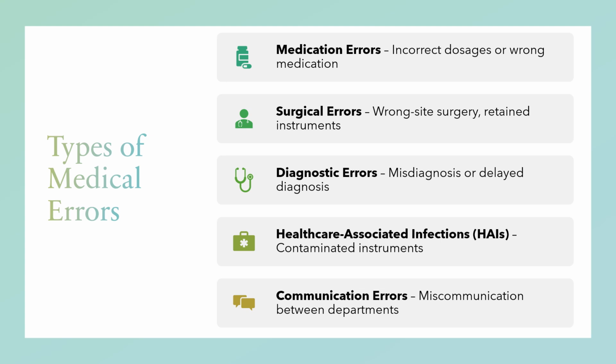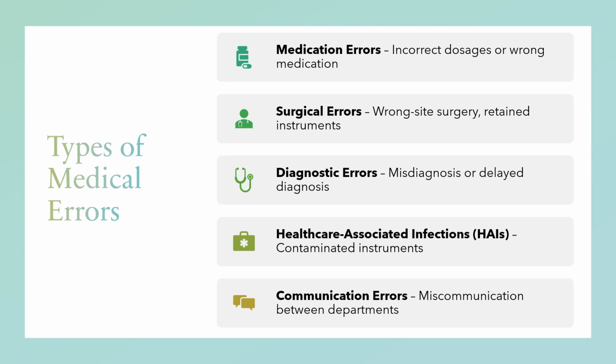Surgical errors include wrong site surgery and retained instruments, which means an instrument that is left inside the patient after the surgery has concluded. We have diagnostic errors, so misdiagnosis or a delayed diagnosis of an underlying disease. Healthcare associated infections, HAIs, can occur for multiple different reasons. For what we're going to talk about, it is with contaminated instruments.